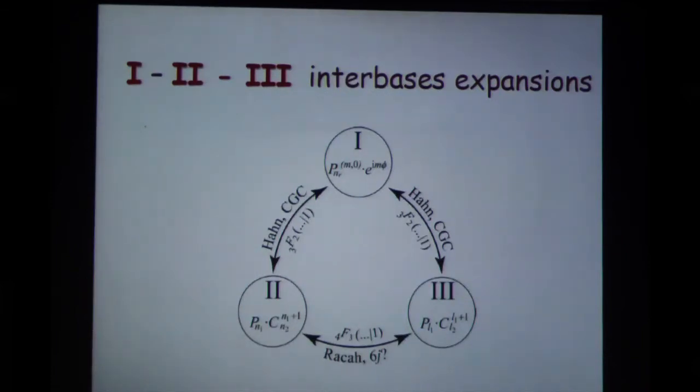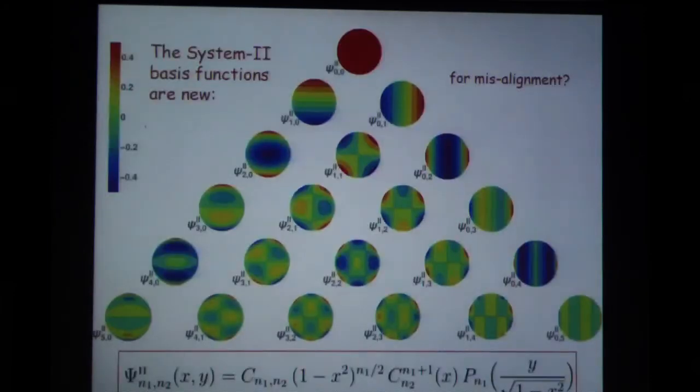Now, if you only want to pass from system 2 to system 3, I thought it would be just a phase of either D function, but no, it's a 4F3 function of unit argument, and it's a Racah polynomial. And it's very enticing that they're very close to 6j coefficients. This is not yet clear exactly how it comes about, but it seems to be the case.